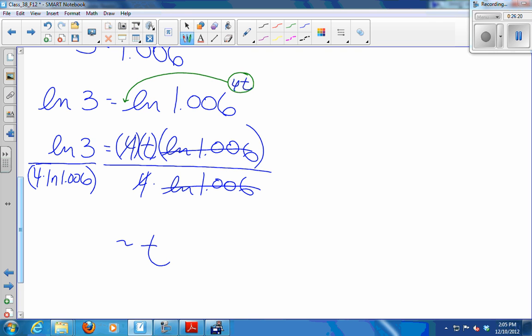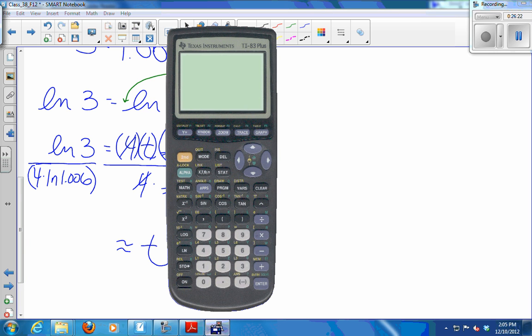So I get t is approximately ln of 3 divided by, putting parentheses around my whole denominator, 4 times the ln of 1.006. 45.9 years.